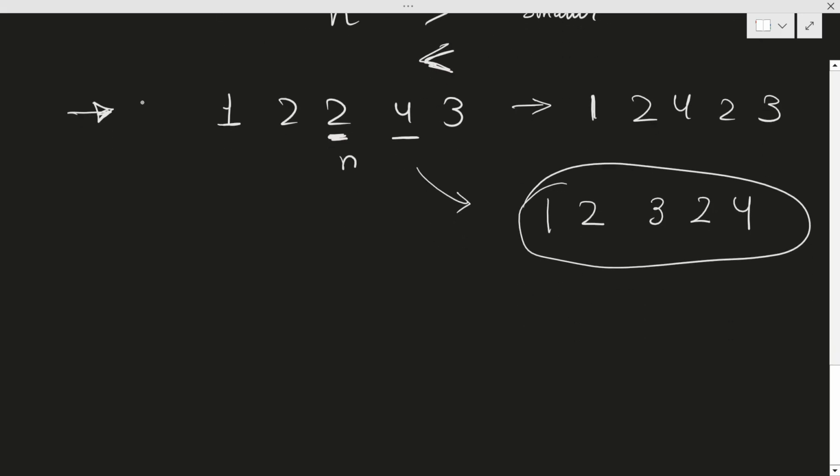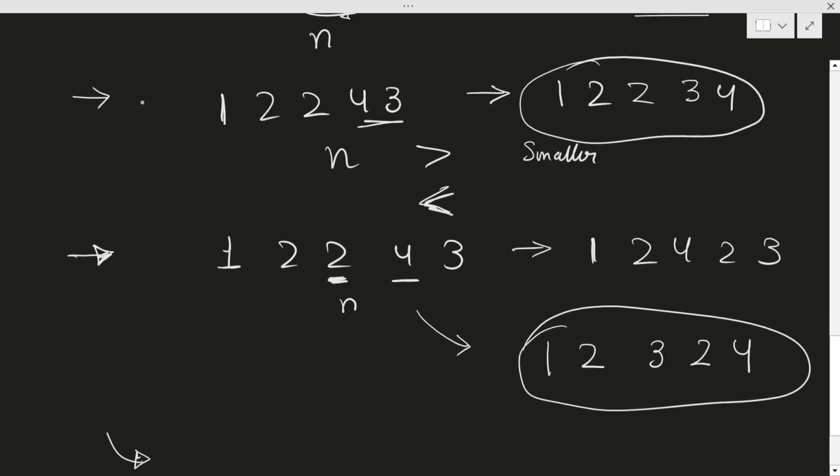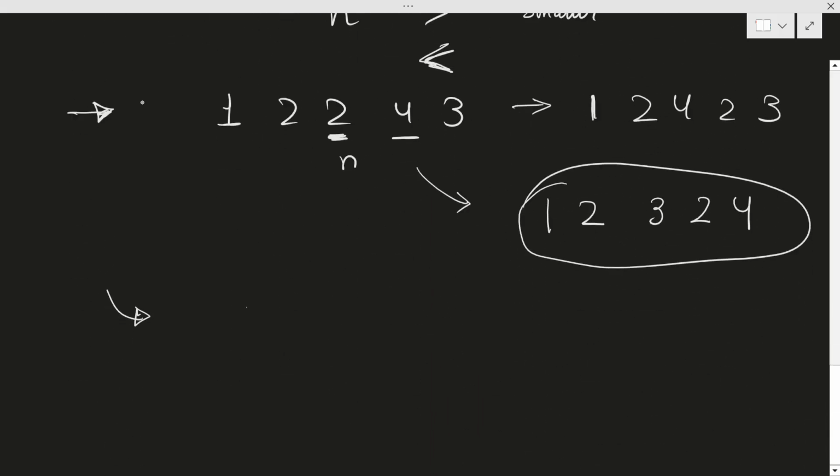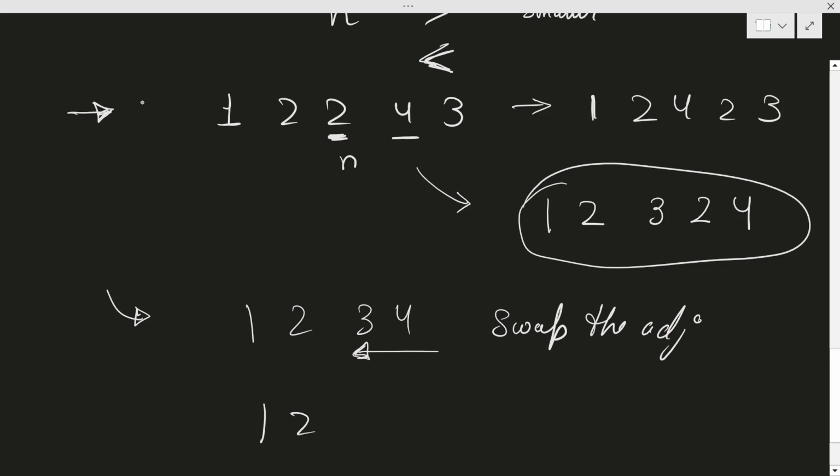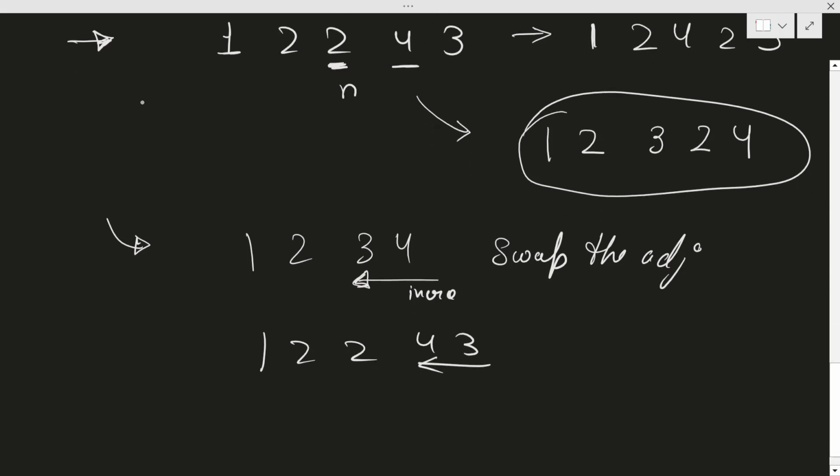Now, there are two observations in this. If we have a case like this, increasing, what we do is swap the adjacent digits. That's it. But there can be a case like this: decreasing, increasing order, decreasing. When it is decreasing, this will fail.